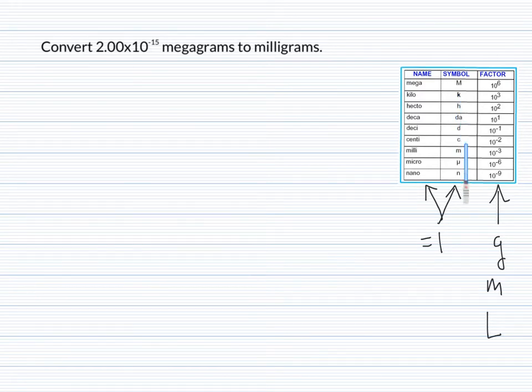It goes the same if you go to the smaller side too. Centimeters is something you guys are all familiar with. 10 to the negative 2 meters is the same thing as 0.01 meters, which is equal to 1 centimeter. So one of these is equal to this many of the base unit.